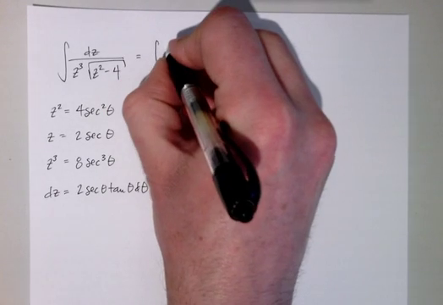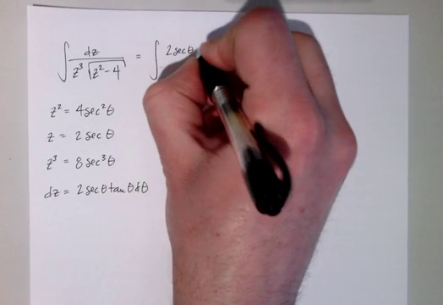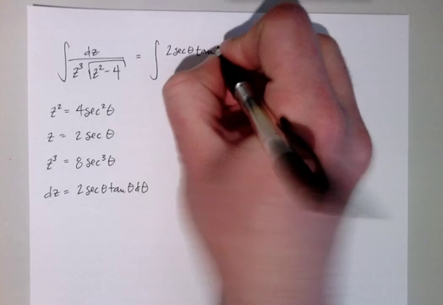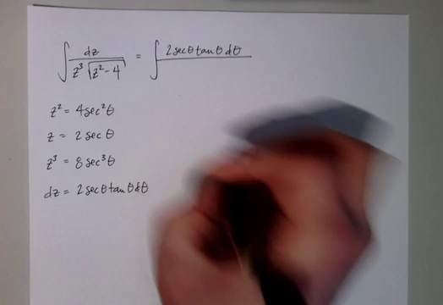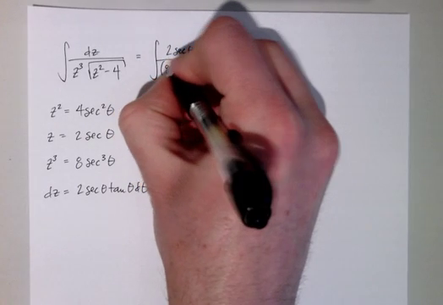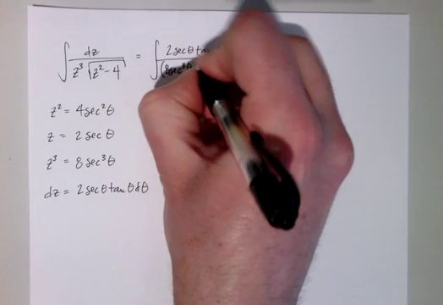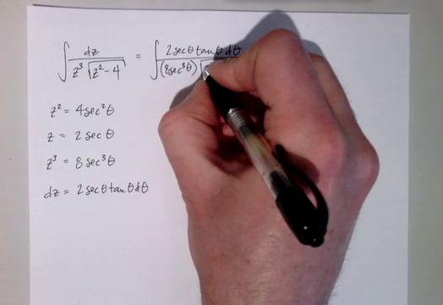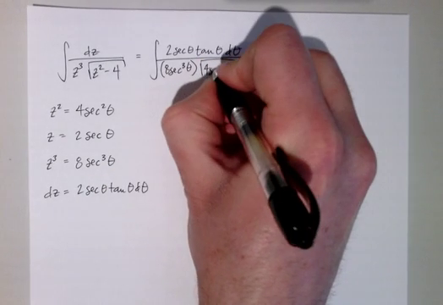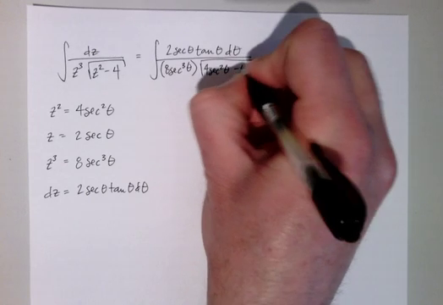Let's go ahead and do the dz in that numerator. Okay, so there's my dz. My z cubed winds up being 8 secant cubed theta. And then, of course, I need to substitute into the radicand. So 4 secant squared theta minus 4.